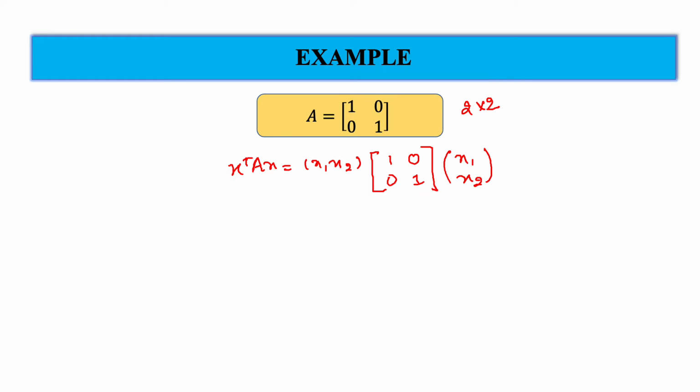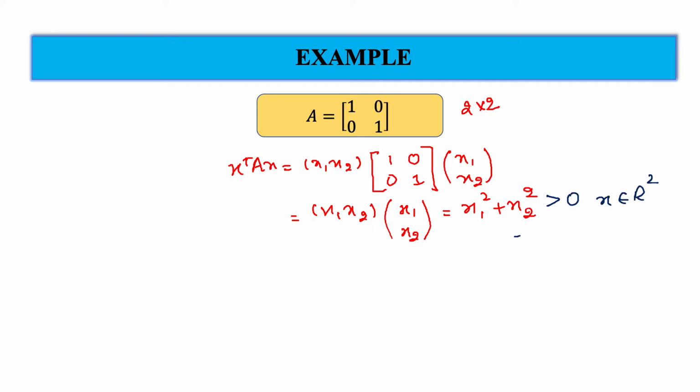So multiply these terms, you will get x1 times 1 plus 0 times x2, similarly x2, and when you multiply them you will get x1 square plus x2 square. This term will always be greater than 0 for all x in R2. It will be equal to 0 only when both of these terms are 0. So it is strictly greater than 0, therefore this matrix is a positive definite matrix.